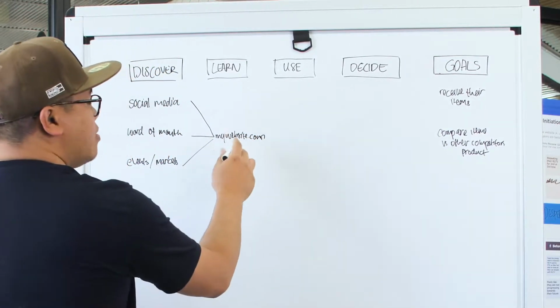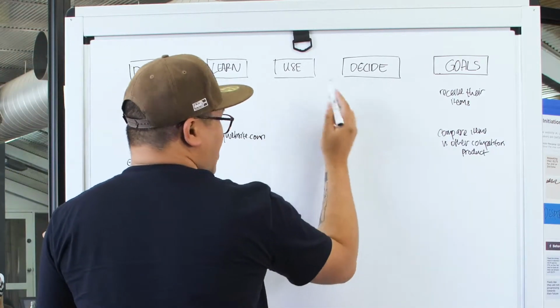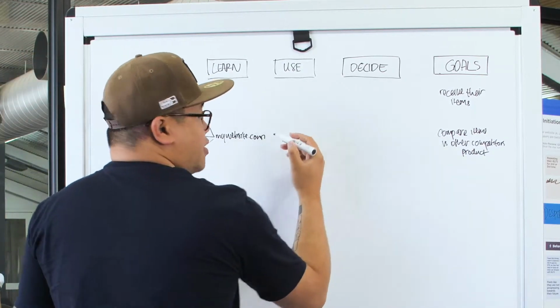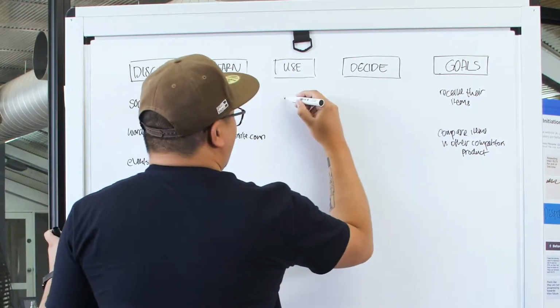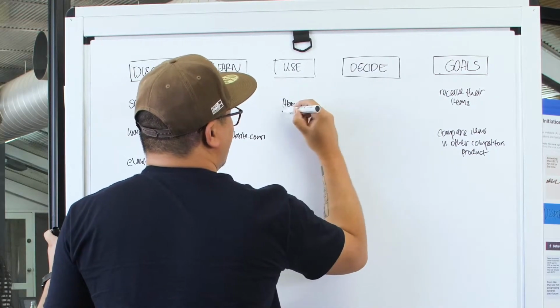And then on this website, I'm learning about so many things. And I'm using it, right? So I'm learning and I'm using. What are the things that I'm learning? It might be about my story, my product or story.